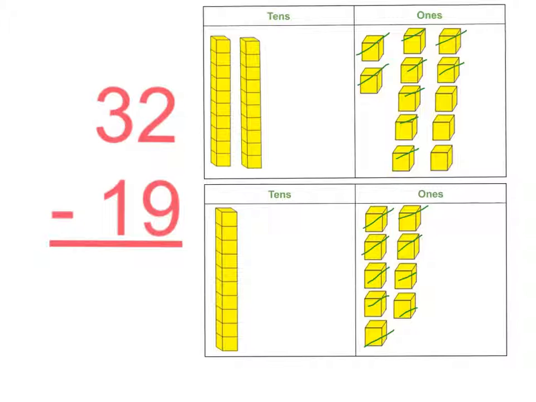So in the ones, I am left with 1, 2, 3. And then with my tens, if I take away 10 from here, I'm left with just one of them, which would be 10. And then 10 plus 3 together would be 13. So 32 minus 19 is 13.